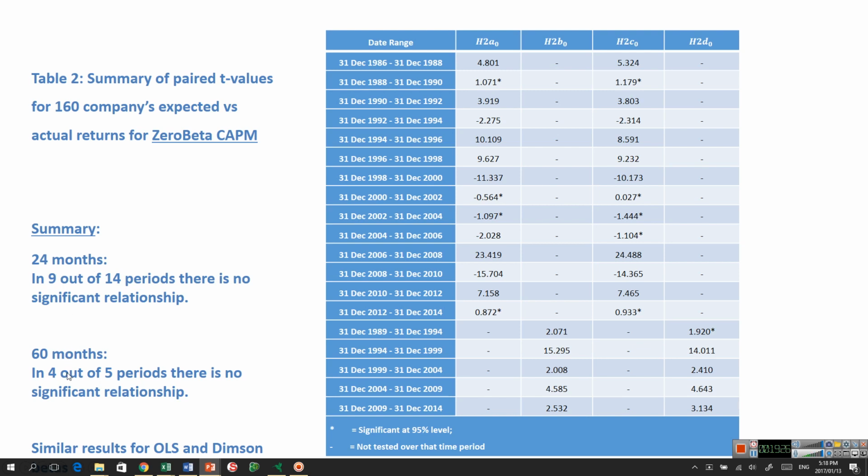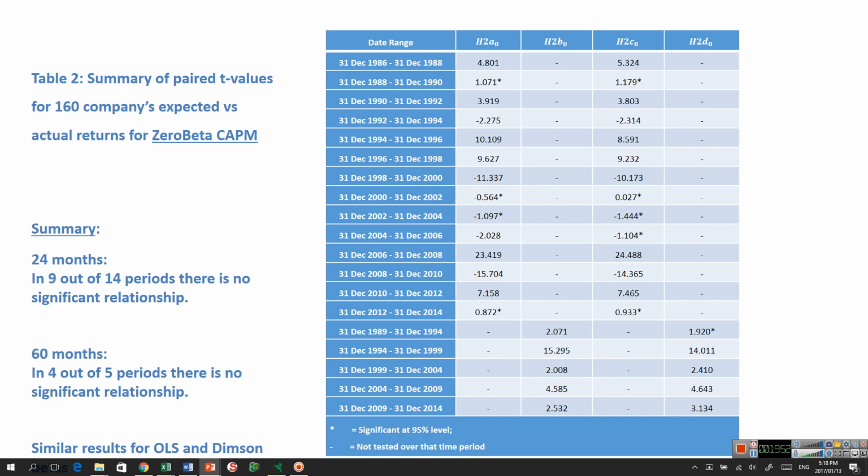Using the 60-month constructions, again, it's 4 out of 5 periods. And again, there's no difference really between these least squares and Dimson betas. Now, these results are marginally better than what we found before, but they still are nowhere near convincing us that there is actually anything in terms of the predictability of the CAPM.